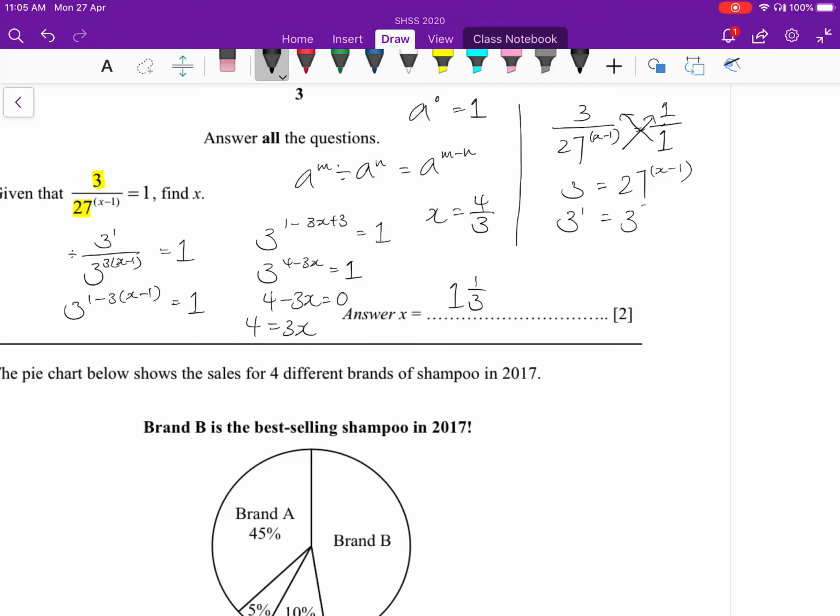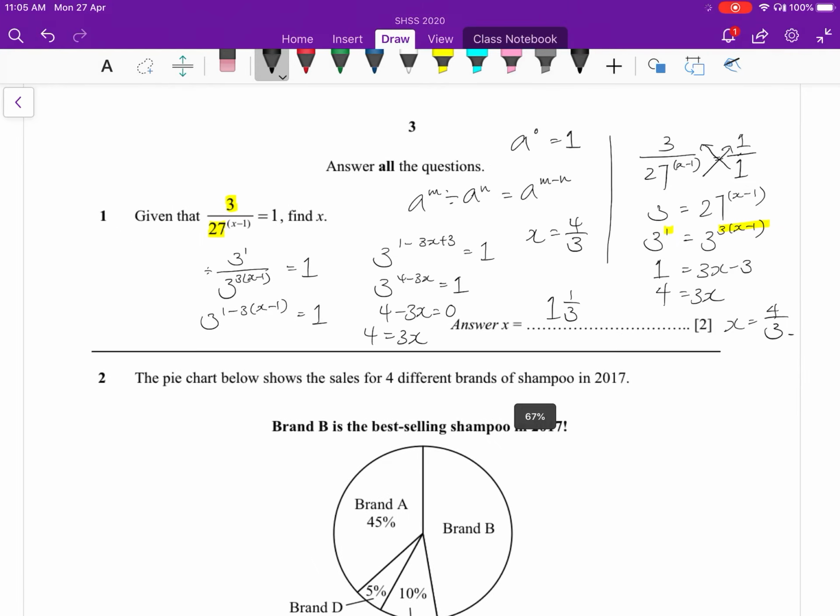So this is 3 to the power of 3 bracket x minus 1. And since the base is the same, I can just equate these together. I get 1 equals 3x minus 3. You will get the same answer. Shift the minus 3 over, and then x is 4 over 3. So it depends on whatever method you choose, you'll still get the same answer, 1 and 1/3.